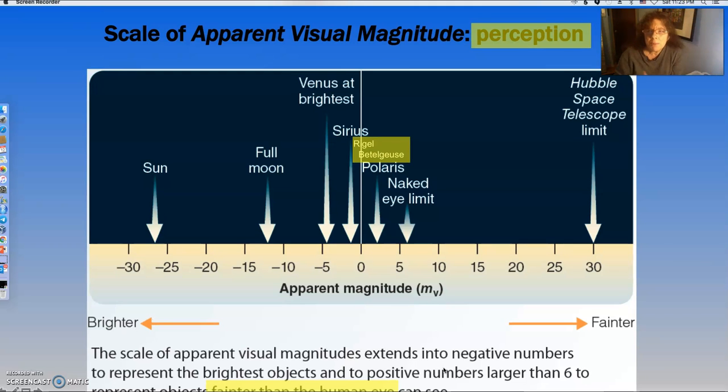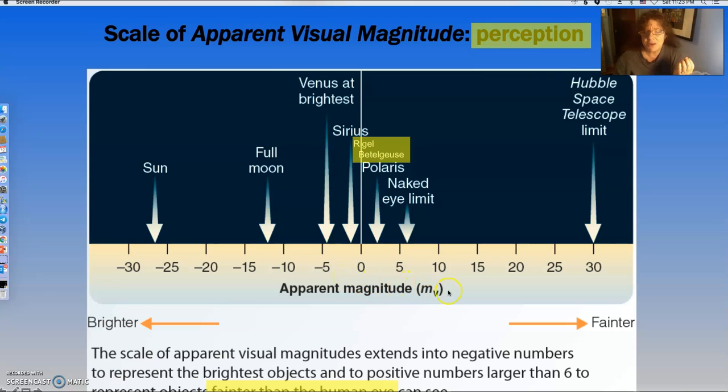We get into luminosity that is related to apparent visual magnitude. We have to understand apparent visual magnitude a bit better, and this perception. It's a scale that is really tough to abide by. The scale is that the brighter the object is in the sky, the more negative its apparent magnitude.